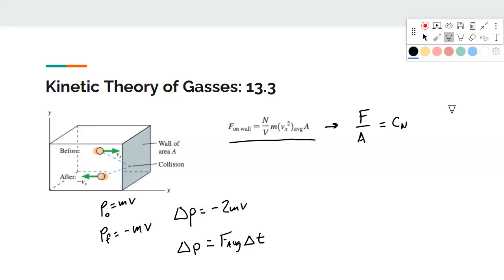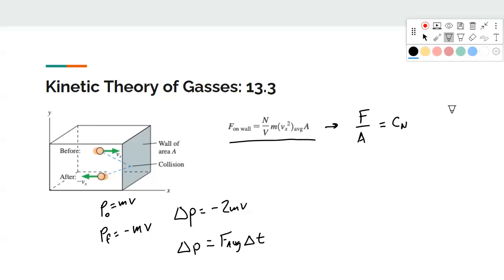This is how many molecules there are per cubic meter, right? So that'll be some really, really large number. For a typical gas, in a normal human-sized box, there may be a mole of gas molecules. So that N over V is going to be something like 10 to the 23.